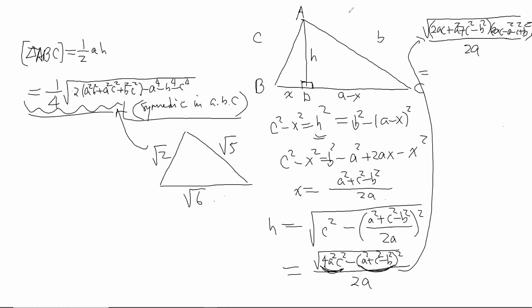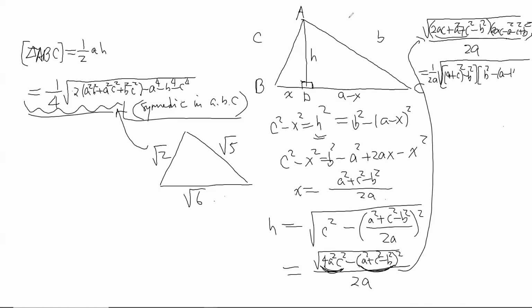And that you can rewrite as, let me put a 1 over 2a here. Then the top here is this. And the inside here, you see it's a plus c quantity squared minus b square. And here is b square minus a minus c square.